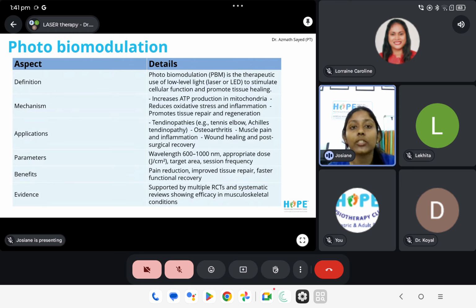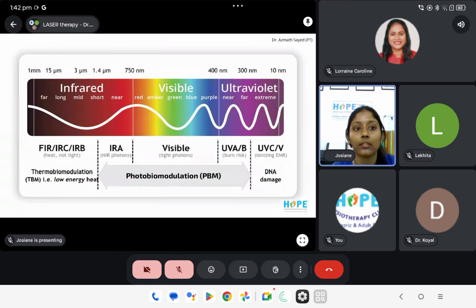So photobiomodulation is a key principle used in laser therapy. It provides therapeutic use of low level light to stimulate cellular function and promote tissue healing by increasing the ATP production in mitochondria, and thus this reduces the oxidative stress, and then promotes tissue repair and regeneration.